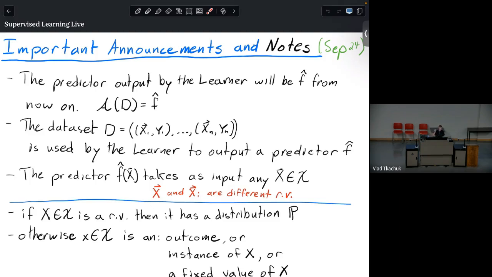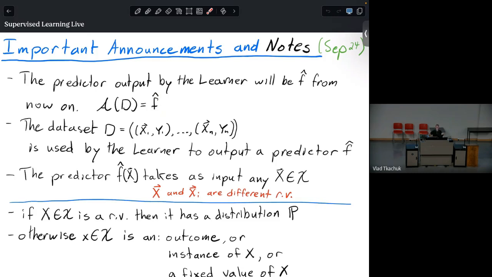One thing is that I'm going to slightly change the convention of things we've been seeing, which is I'm going to say that the thing that the learner outputs is not just denoted by F. I'm going to give it an F hat, okay? This is to be able to distinguish the thing it outputs, which is F hat.